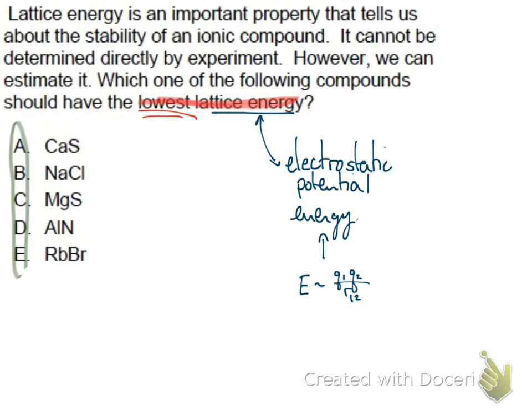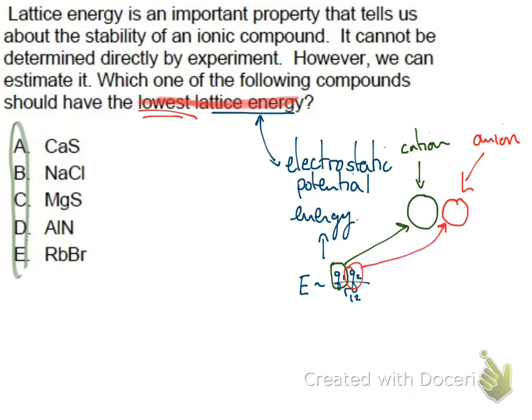When we're thinking in terms of ionic compounds, we want to think about a cation and an anion and how they interact with each other. So one of these charges is the cation, the other is the anion, and we have to think about the separation between those two species. R12 is the distance between these two species.